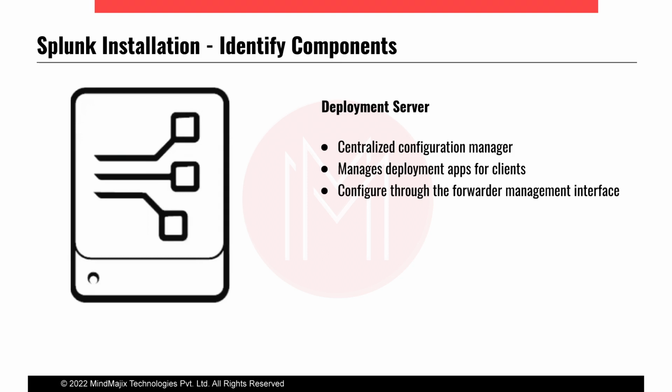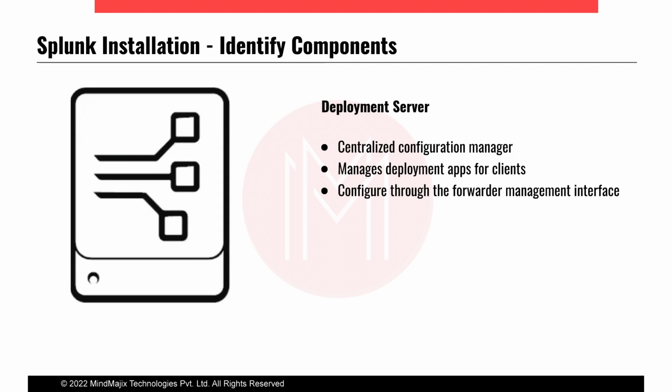Just to give you a few examples, the deployment server always interacts with the forwarding layer to transmit or forward any specific app that is required on the forwarding layer. But in some situations where there are standalone search heads, a deployment server can also be used as a configuration management tool.